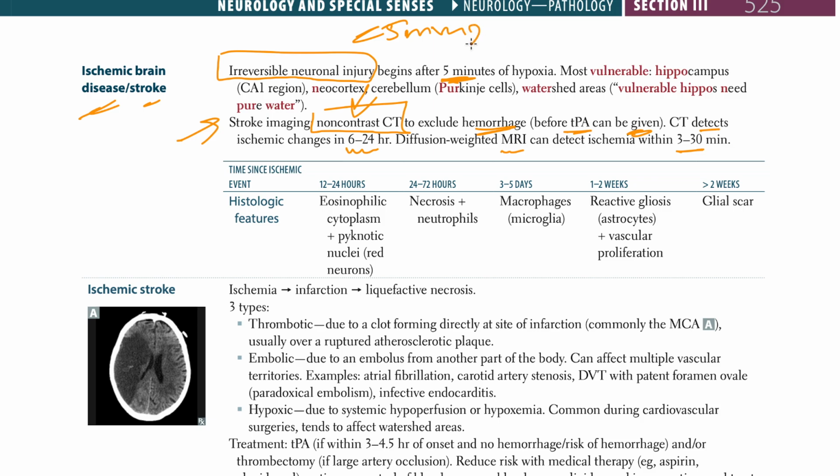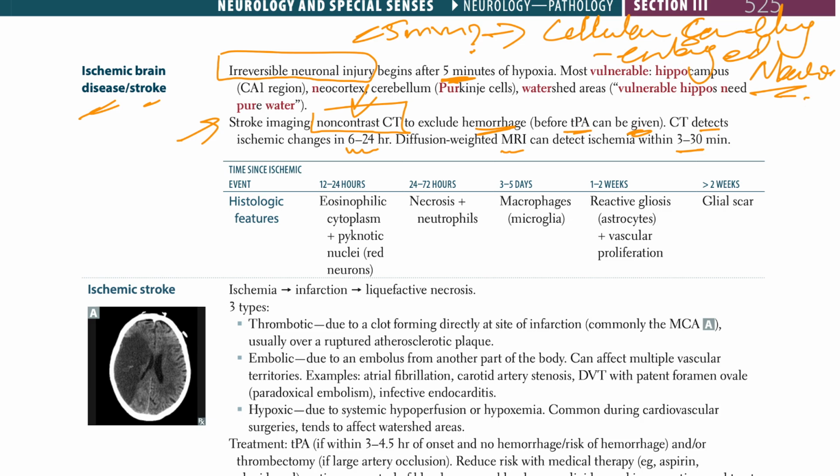What's going to happen then? Well, if you have ischemia less than 5 minutes, that is going to give you cellular swelling. Cellular swelling, enlarged, for example, enlarged neurons. Okay, and that is important.